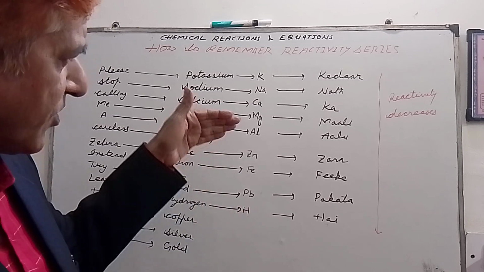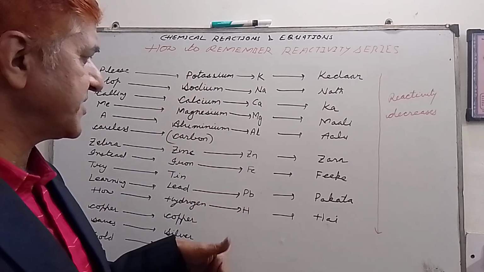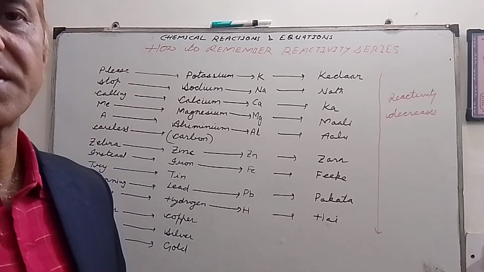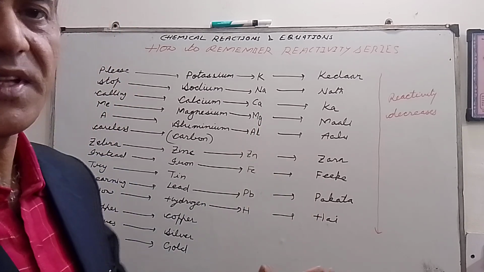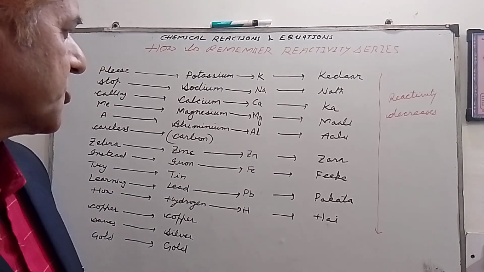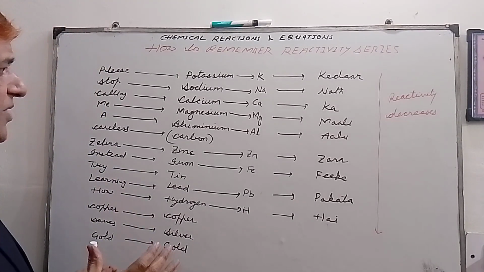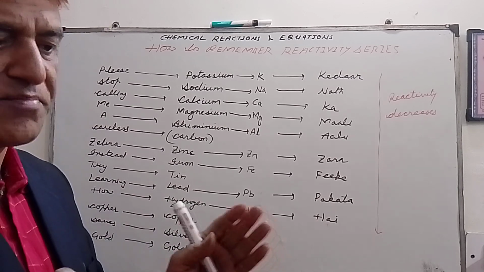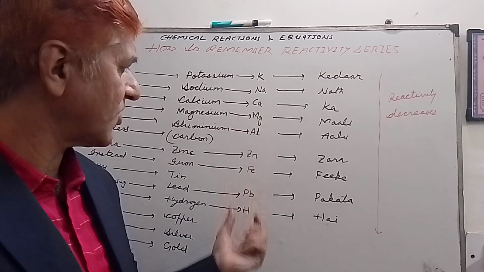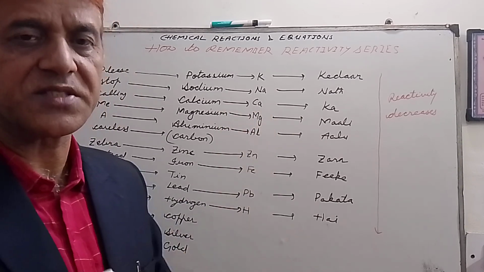As we go down this series, the reactivity of these metals decreases. So we have to learn the method of how to remember the elements of this reactivity series.